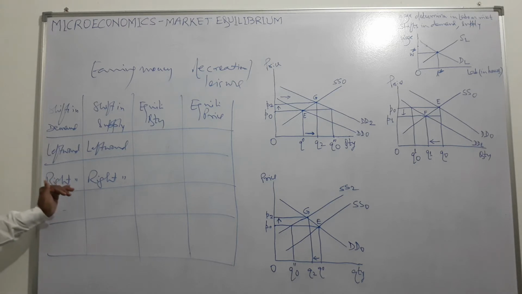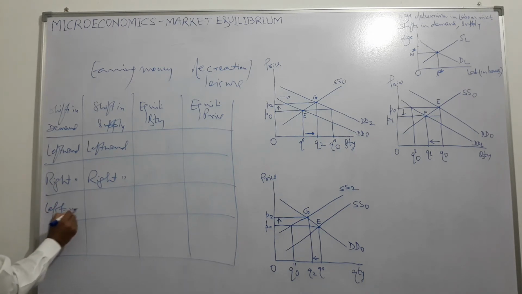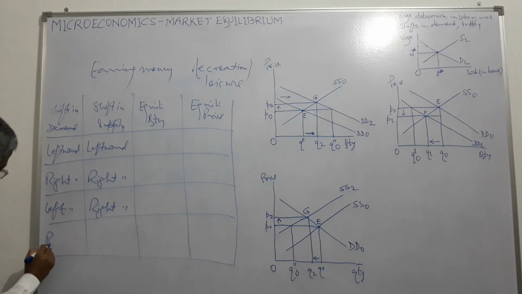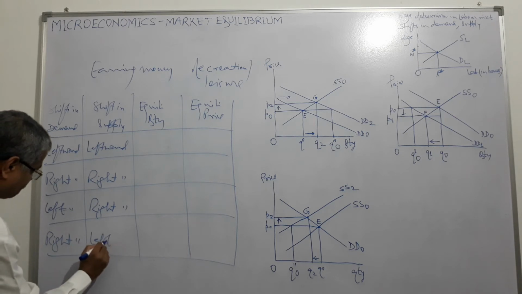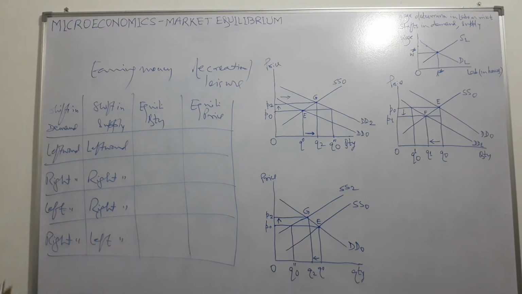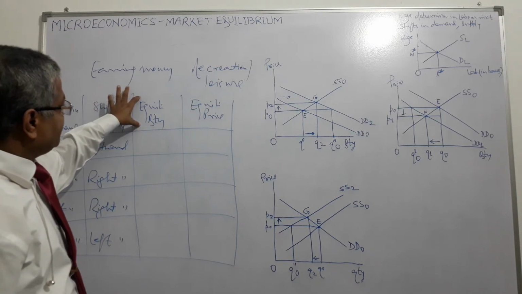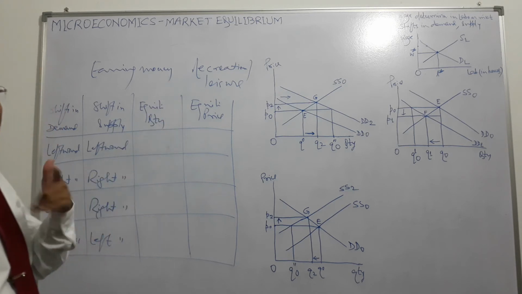This is about the shift, right? Shift in demand curve, shift in supply curve, equilibrium quantity, equilibrium price: how they behave.